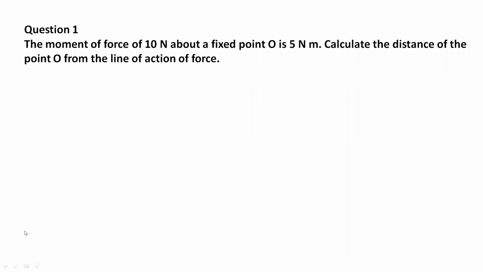The moment of force of 10 Newton about a fixed point O is 5 Newton meter. Calculate the distance of the point O from the line of action of force. So let me draw a diagram to explain this problem.